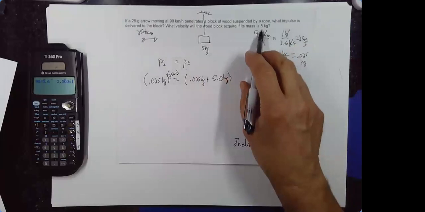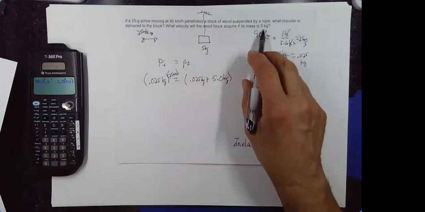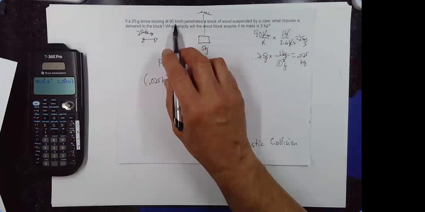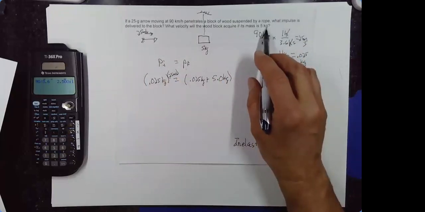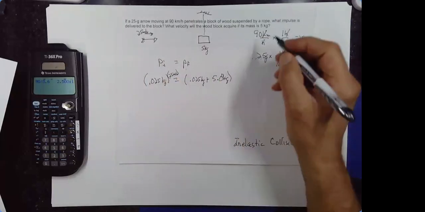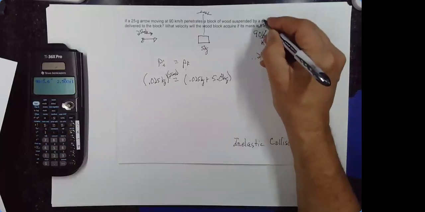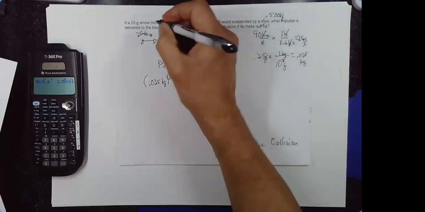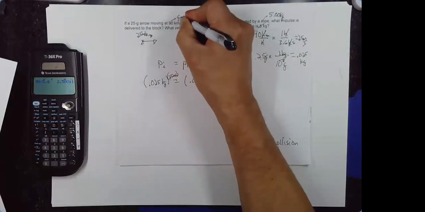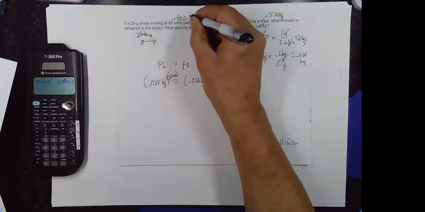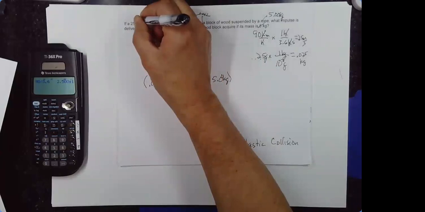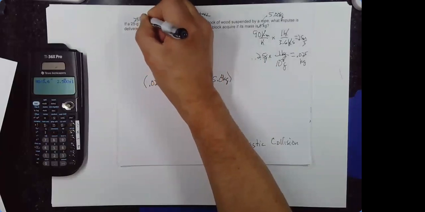something like that. If I was to rewrite this problem, I think I just lifted it directly from the book. I would say 25.0 grams, 90.0 kilometers per hour, and 5.00 kilograms. And let's pretend I just do that. So 5.00 kilograms, 90.0 kilometers per hour, and 25.0 grams.